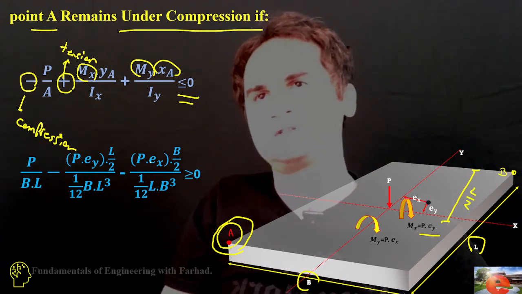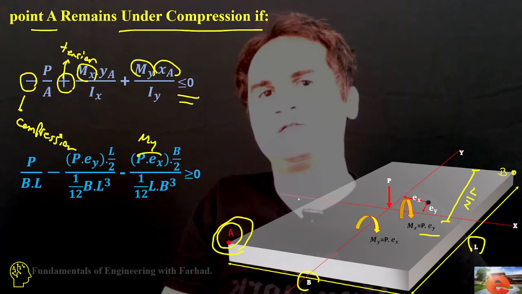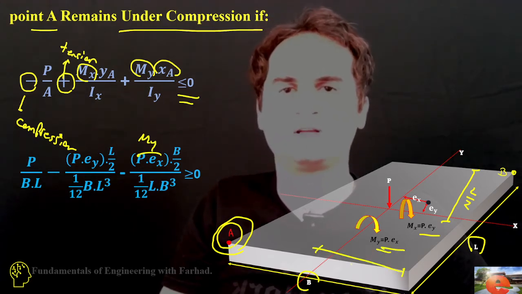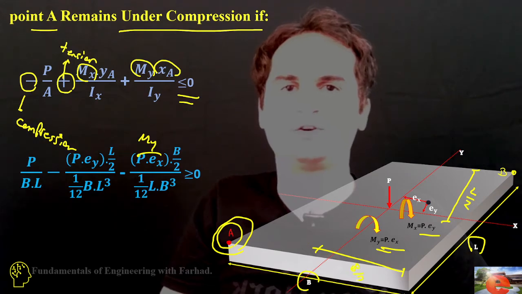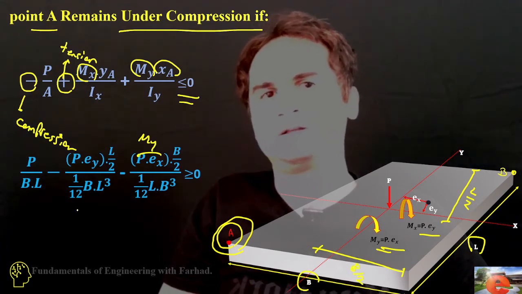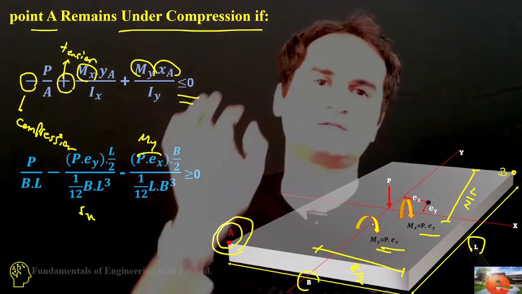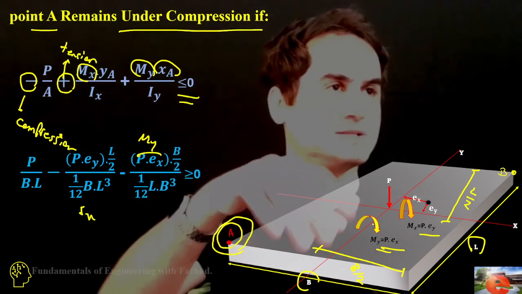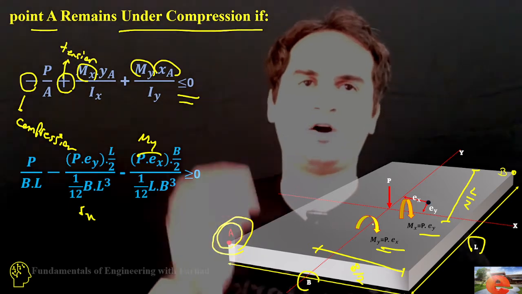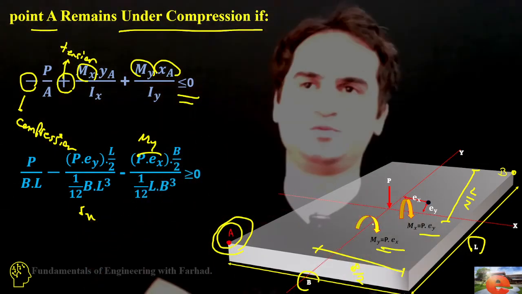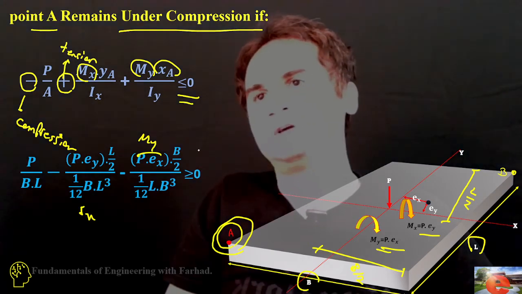And if you want to see the effect of My, which is P times Ex, you need to go with this dimension, that's B over 2. Likewise, Ix is 1/12 B L cubed, and Iy is 1/12 L B cubed this time. And that should be B.